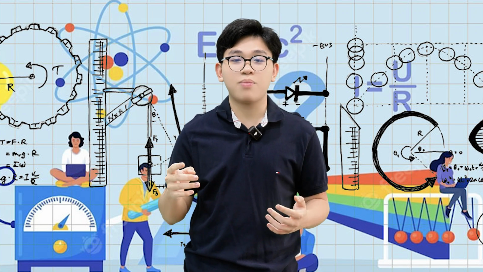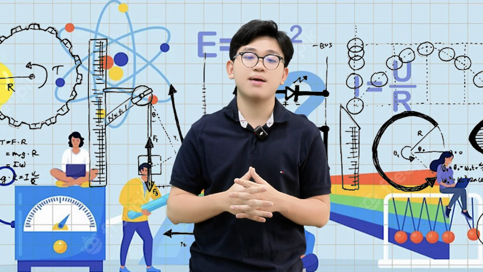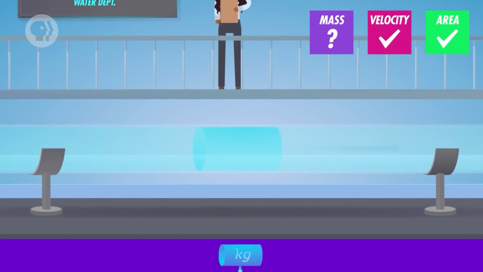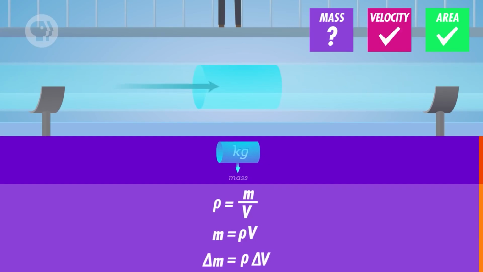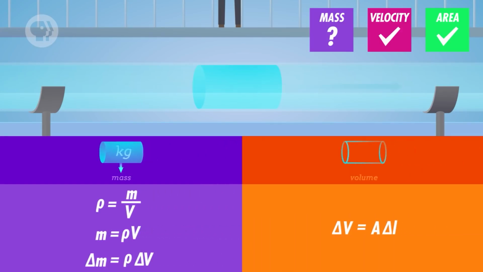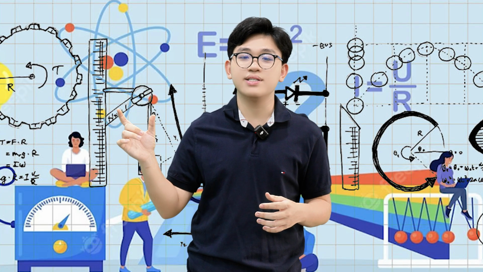The mass of water passing through a certain point in the pipe is the density of the fluid times the volume. Now, the volume of the fluid moving past this point is the area of the pipe at that section times the distance the fluid moves. And of course, the distance a fluid moves per second is its velocity. So, putting all these pieces together, we get a new version of the equation of continuity.